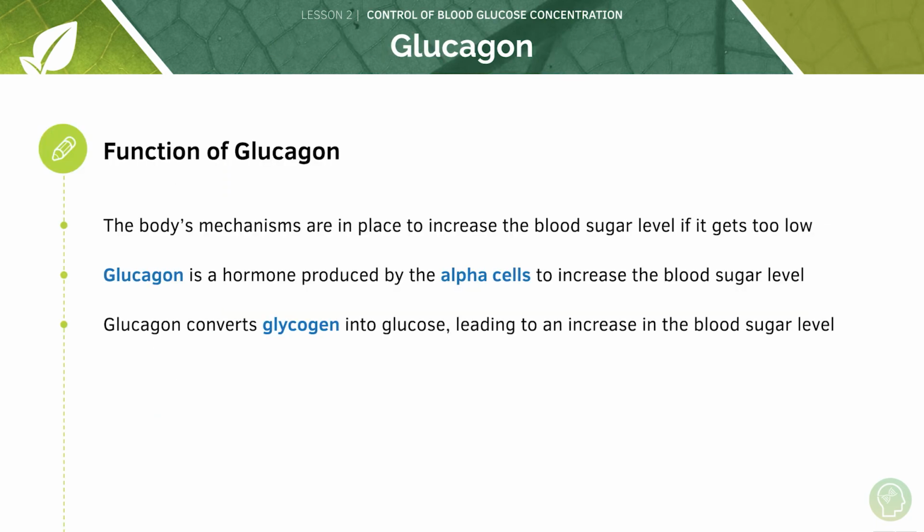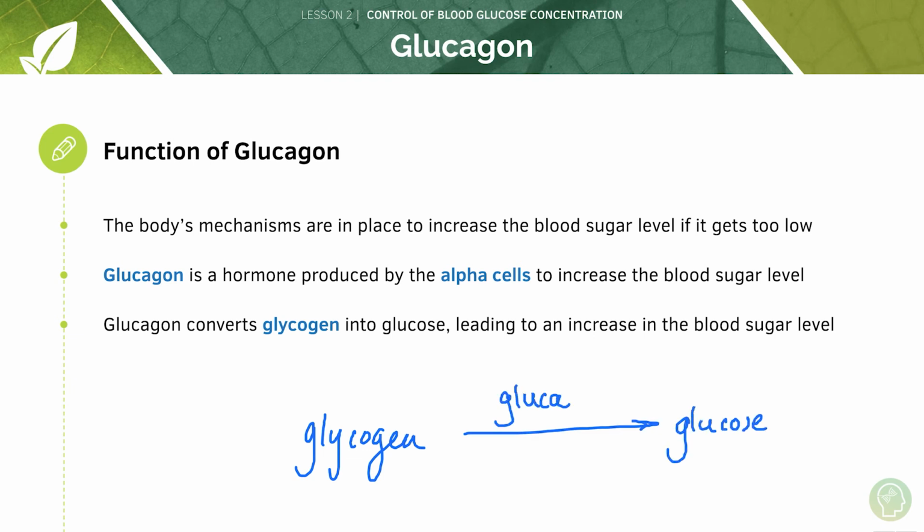Now let's talk a little bit more about glucagon. The body's mechanisms are in place to increase the blood sugar level if it gets too low. And this is done by glucagon, which is produced by the alpha cells of the islets of Langerhans to increase the blood sugar level. And remember, it does this by converting glycogen into glucose via glucagon.